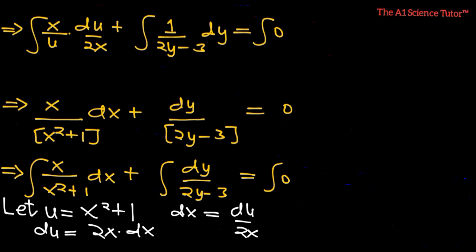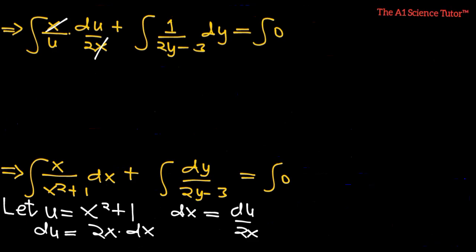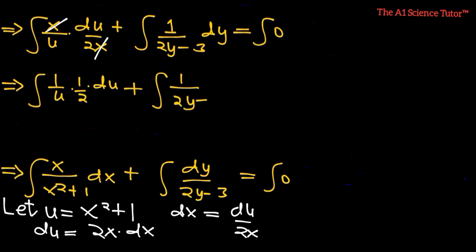This should come off more easy now, because I would cancel x with the other x on top there. So this gives us 1 over u multiplied by 1 over 2 du, plus integral 1 over 2y minus 3 dy, and this is integral 0.